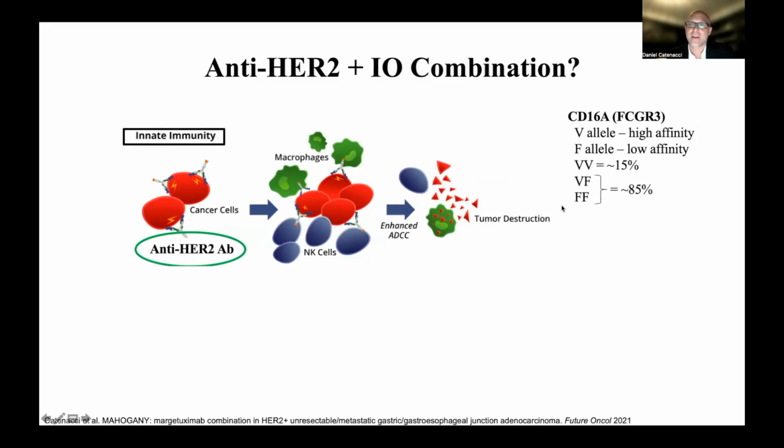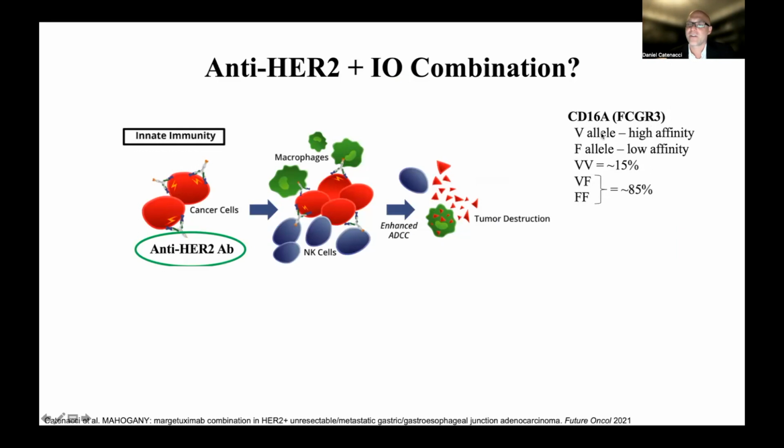And to understand that, we have to go back and remember that we inherit 2 copies of every gene in every cell. And so the gene that is encoding the receptor on the NK cells, called Fc gamma receptor 3 or CD16A, there are different versions of that receptor in the human population, 2 main versions called the V allele and the F allele.